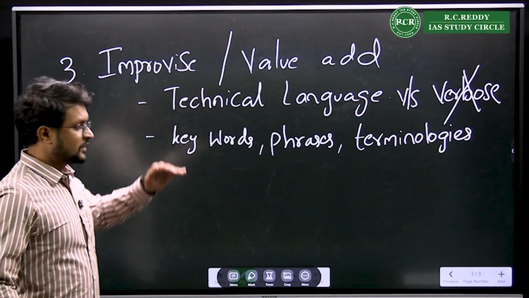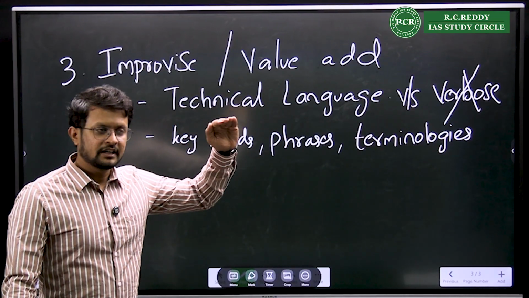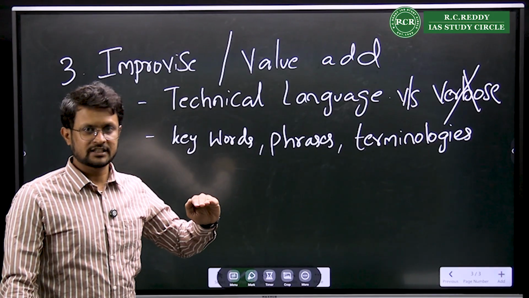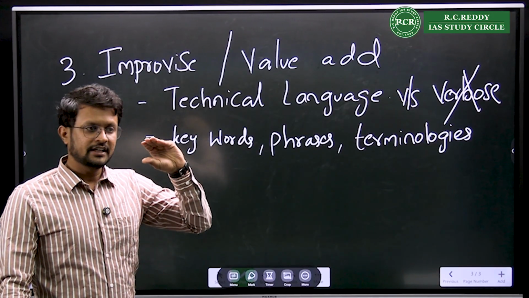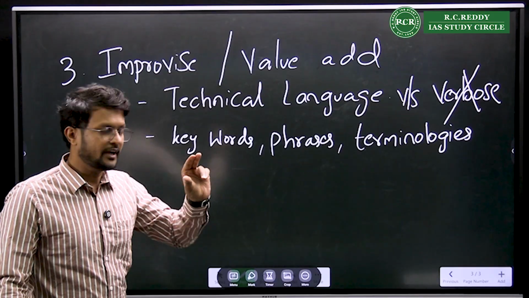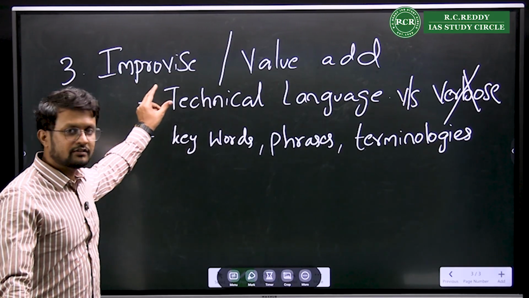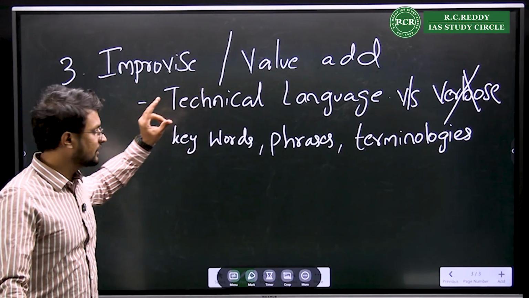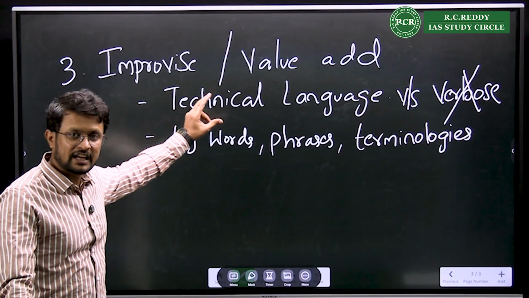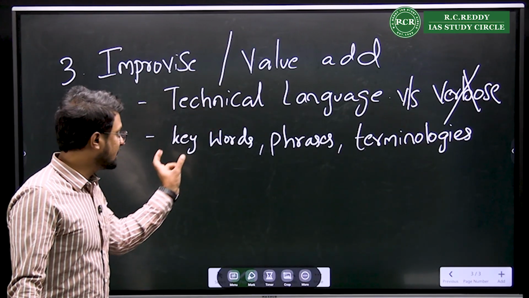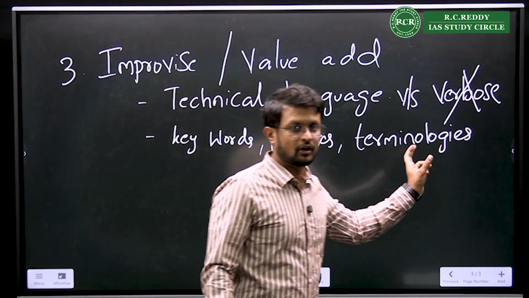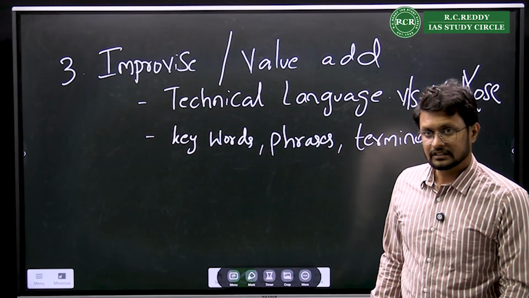So the core concept has been identified, the structuring has been done, the rough idea in each of the points is identified. Now improvisation of the points happens while you write. For that you use technical language, rely on keywords, phrases and terminologies, right?